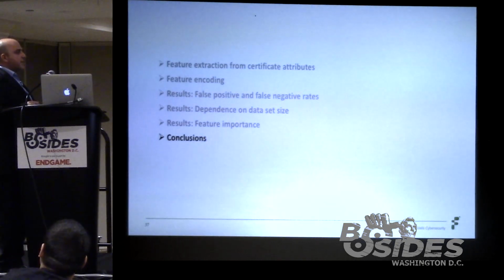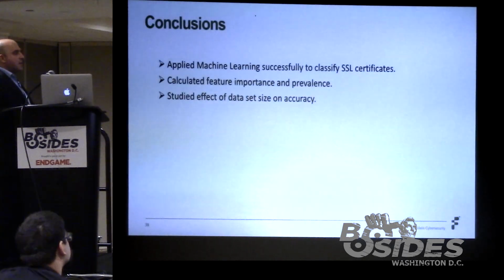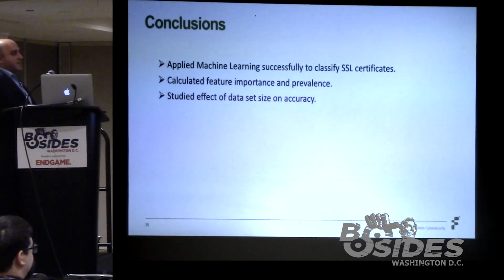Now, finally, these are the summary and conclusions of this work. We applied machine learning, I would say, successfully to classify SSL certificates. We calculated the feature importance and prevalence, and this gives us a good intuition, looking at a certificate, for guessing whether it's good or bad.